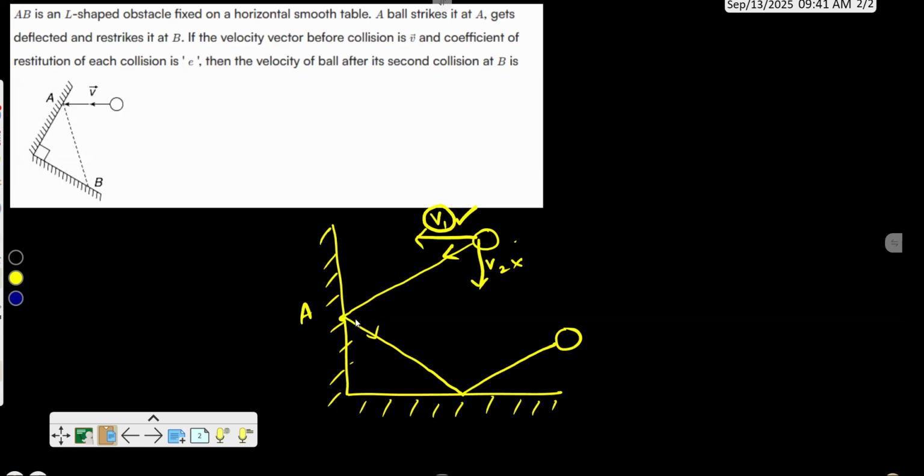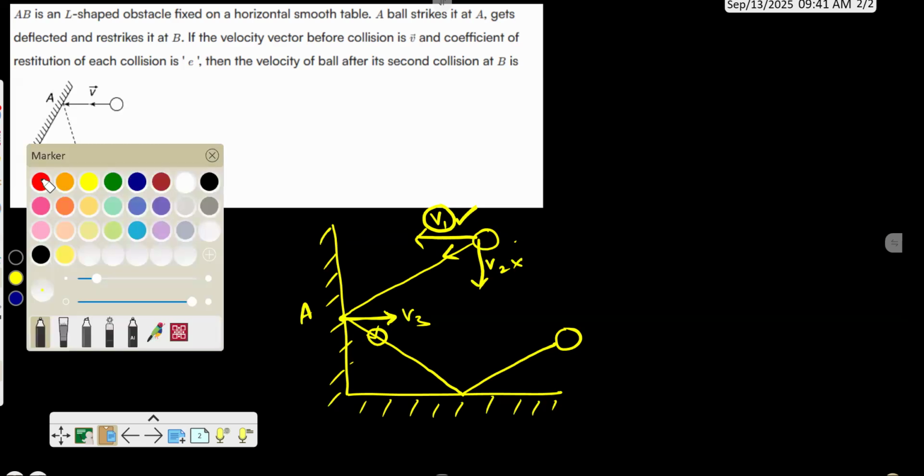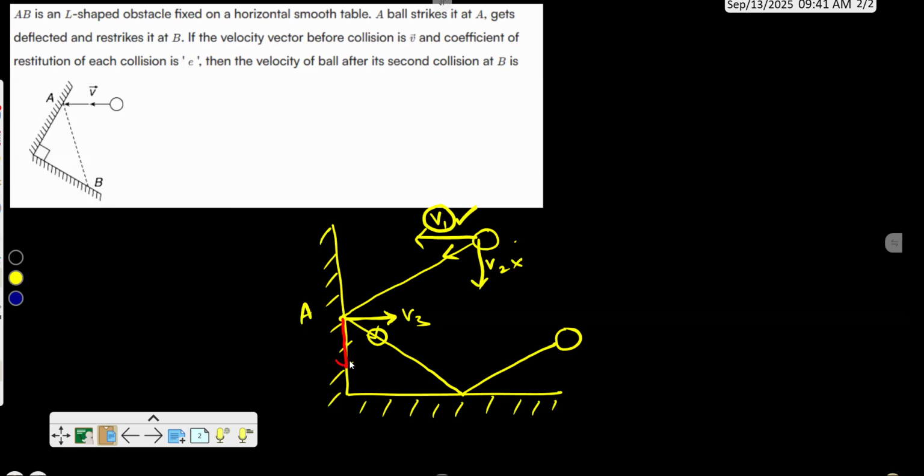So after collision, what will happen? This V1 will convert into, let us take, V3. Now the ball is moving in this way. That is the final velocity after collision, and V2 stays just like that. Now we should get the relation between V3 and V1.